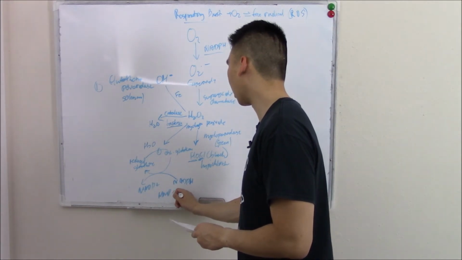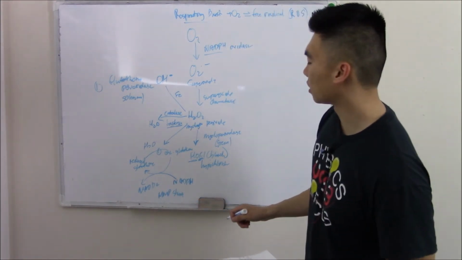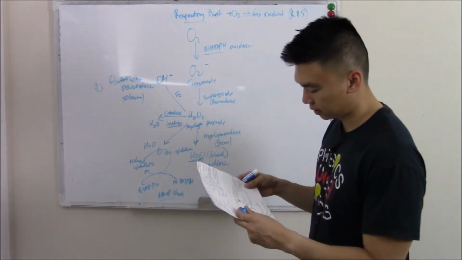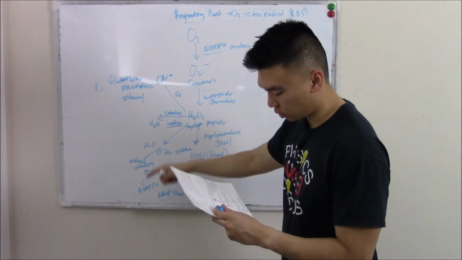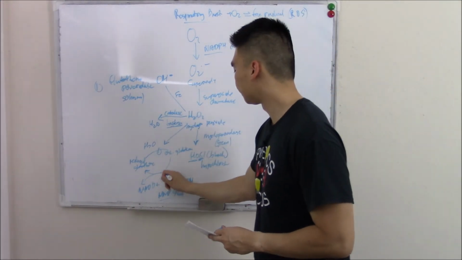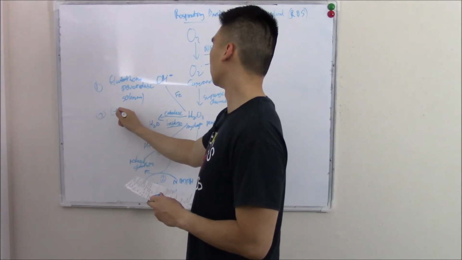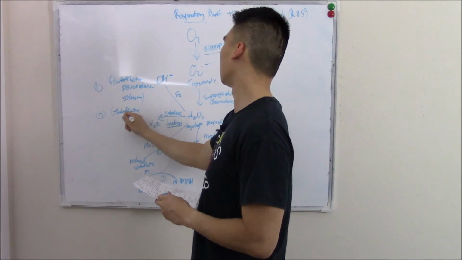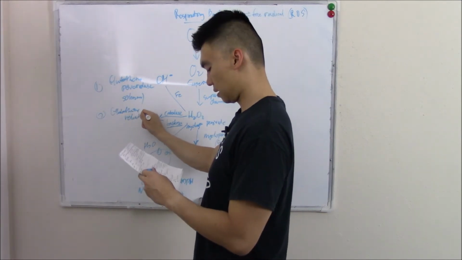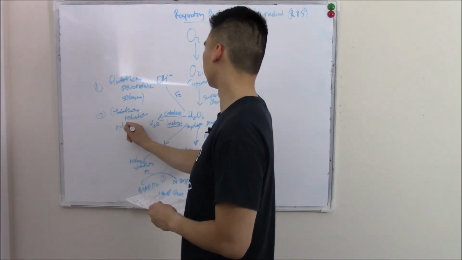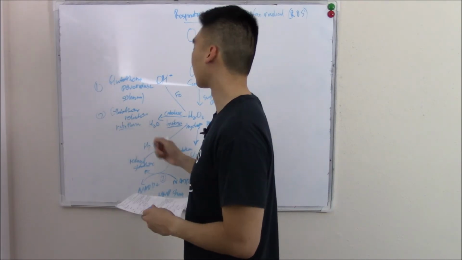That's a biochem throwback. Watch my biochem videos if you want to know what the HMP shunt does. So this helps recycle it via the enzyme glutathione reductase. And this needs riboflavin. So you gotta know the cofactors too.